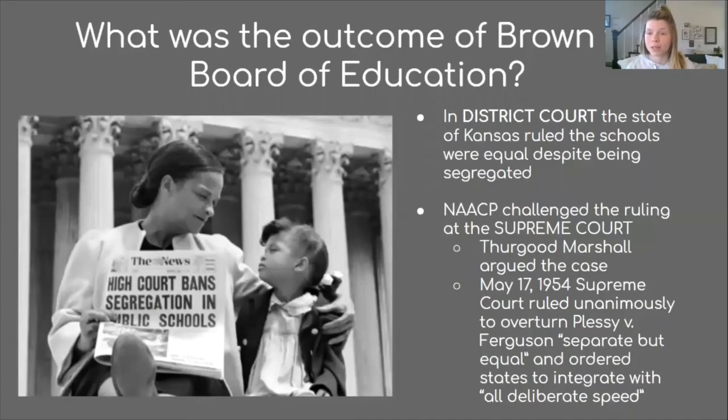The NAACP challenges it, and it goes all the way to the highest court of the land, the Supreme Court. When it's in the Supreme Court, Thurgood Marshall argues the case, and on May 17, 1954, the Supreme Court ruled unanimously to overturn Plessy versus Ferguson, separate but equal, and ordered states to integrate with all deliberate speed.